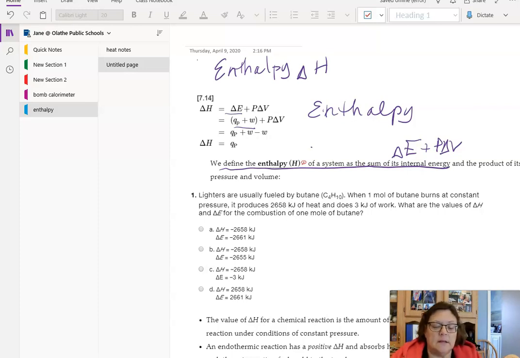So basically, in most cases, you're going to be using constant pressure, so you can take this piece out, which means the enthalpy is going to be equal to the energy. And if you do a little fancy math, you can cancel the work out, which means enthalpy ends up being equal to heat for the most part, at least for what we're going to be using it for. If you get on into physical chemistry, it may be different, but for now, we're going to use this.